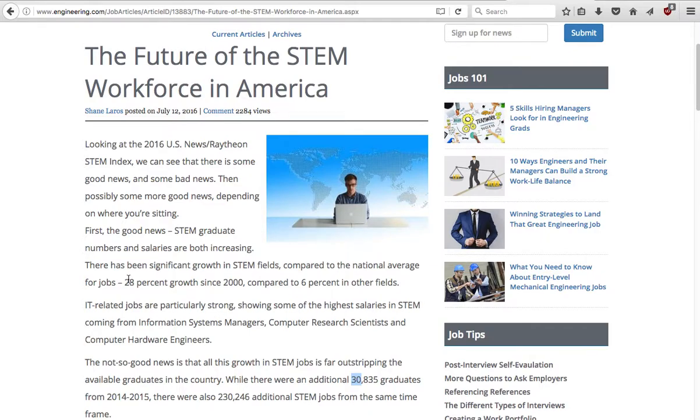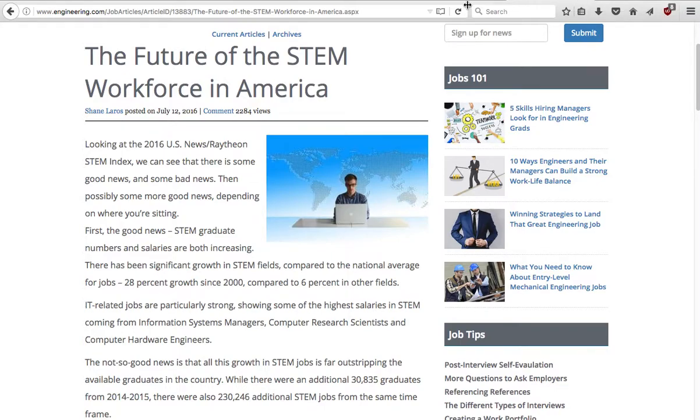There is about 28% growth within these fields. So we can honestly and sincerely recommend this line of work to students as a sustainable, career-making direction.